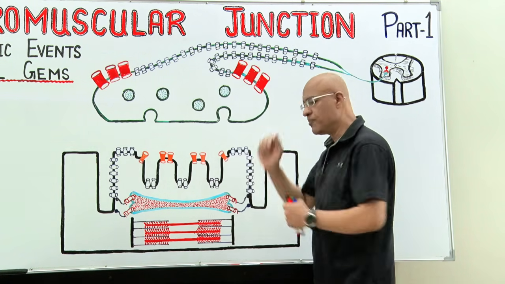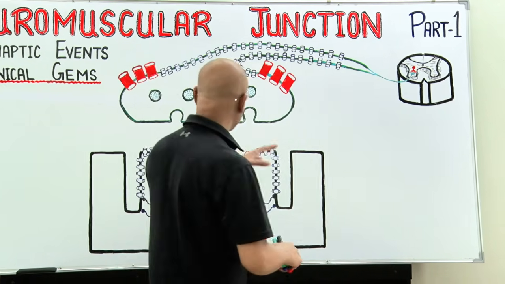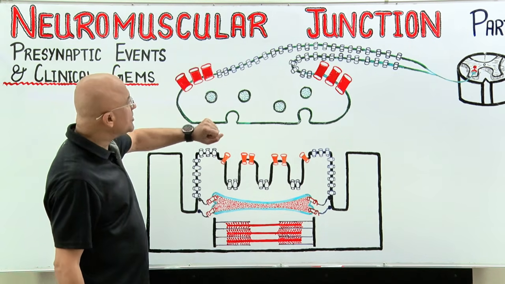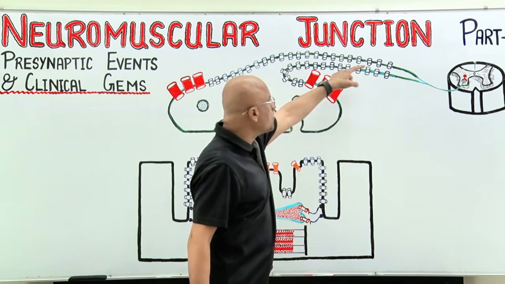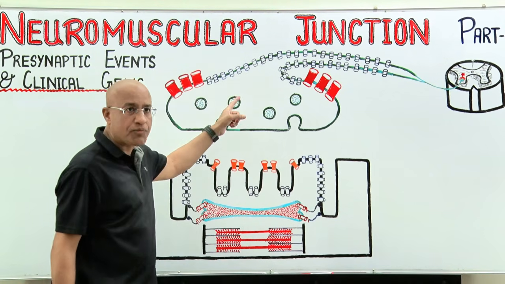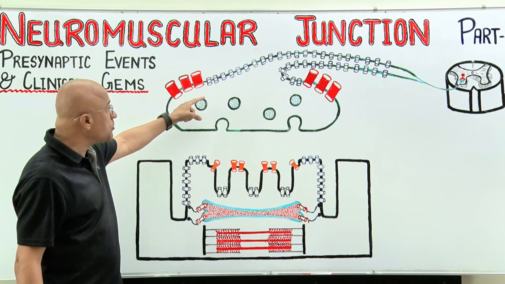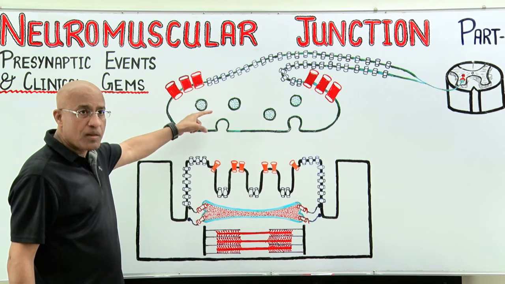What is the purpose of this junction? This junction takes the action potential from the axon or neuron and converts it into a chemical message.